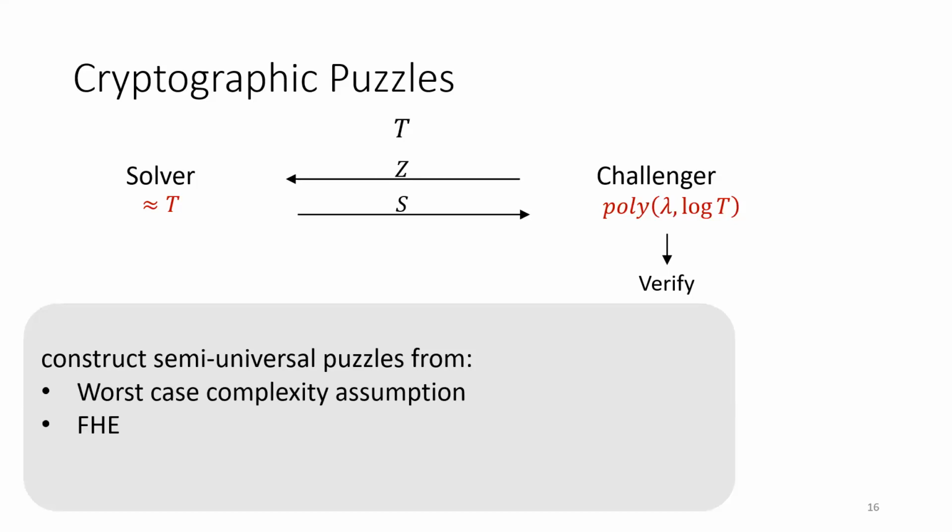And this is also the place where we use FHE. And we actually use here the semi-universal argument again. So we use the semi-universal argument in two places. First, when boosting it into a universal argument, and second, when constructing the cryptographic puzzles. So these are the cryptographic puzzles that we use.